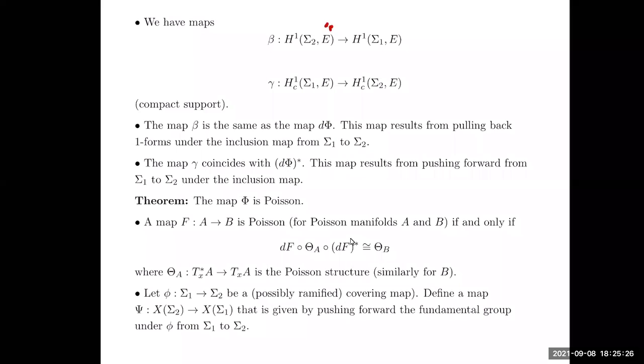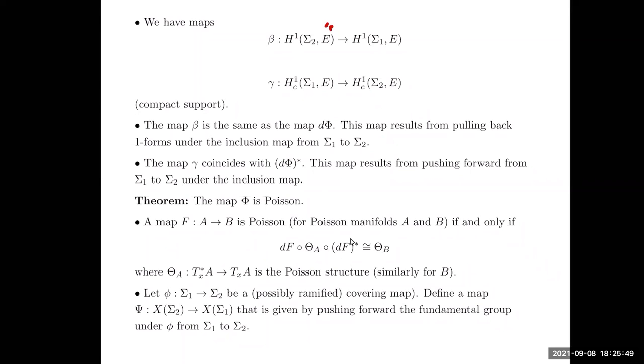And the map beta is the same as the map d phi. Phi was the homomorphism that we described earlier. This map results from pulling back 1 forms under the inclusion map from sigma 1 to sigma 2.